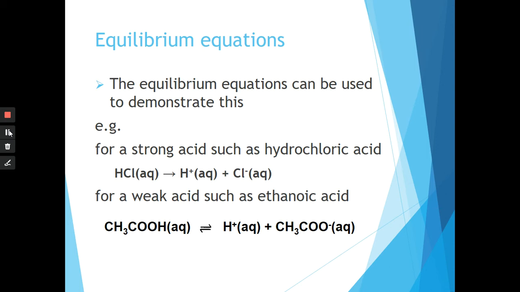Okay? This equilibrium is going to be ongoing. So we're going to have some of our ions reacting to form ethanoic acid molecules again. But at the exact same time as a molecule forms, a molecule will dissociate into the two ions. Okay, that's so we can keep the position of equilibrium the same.